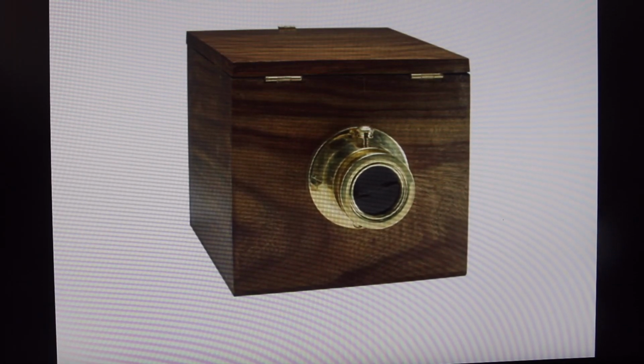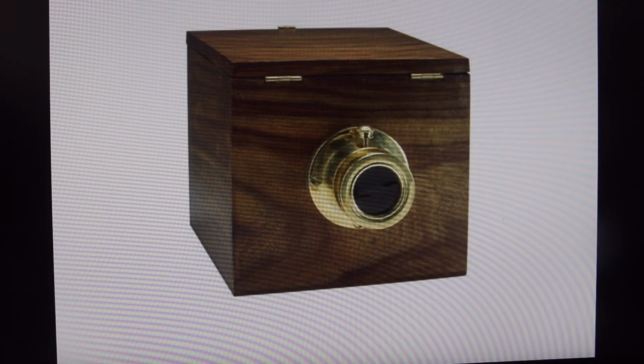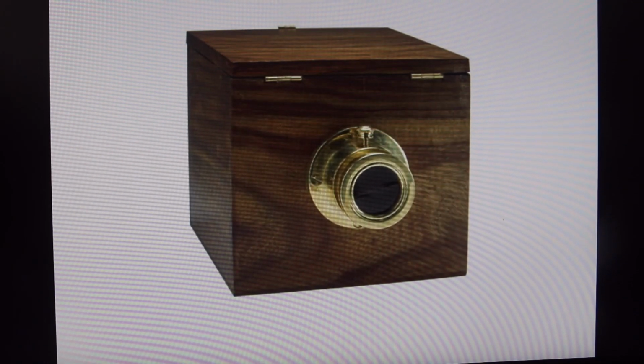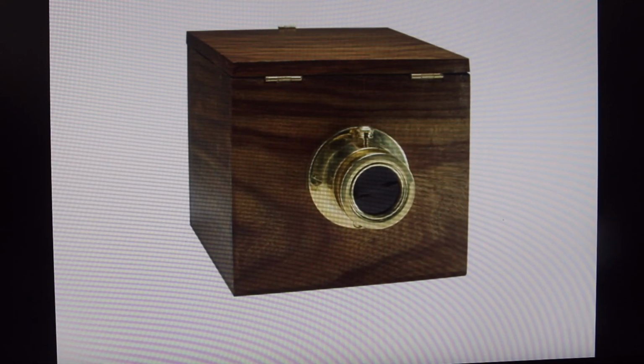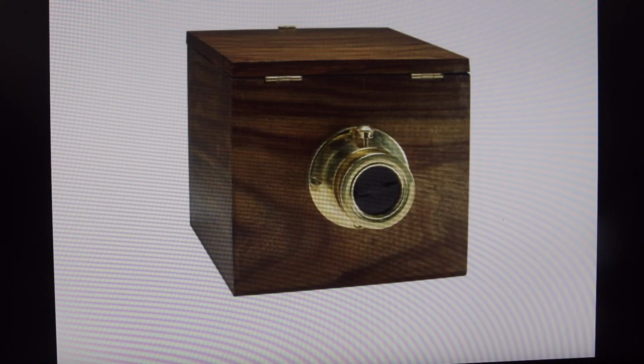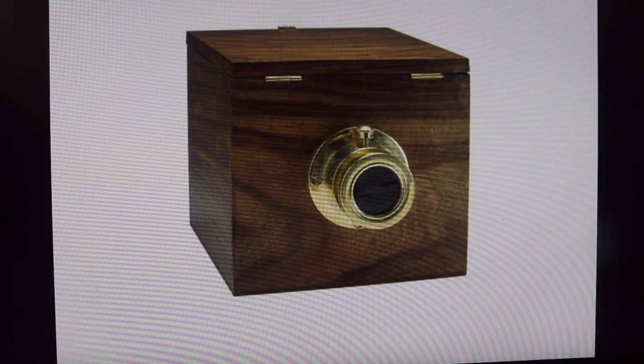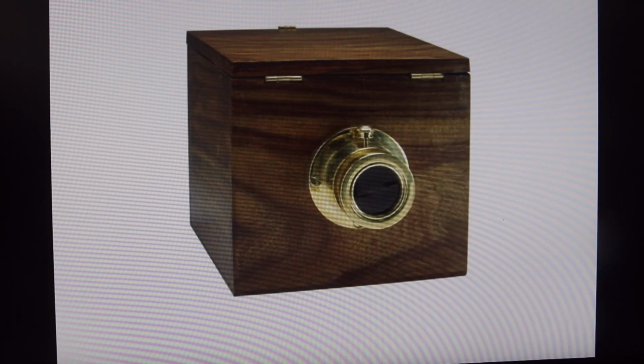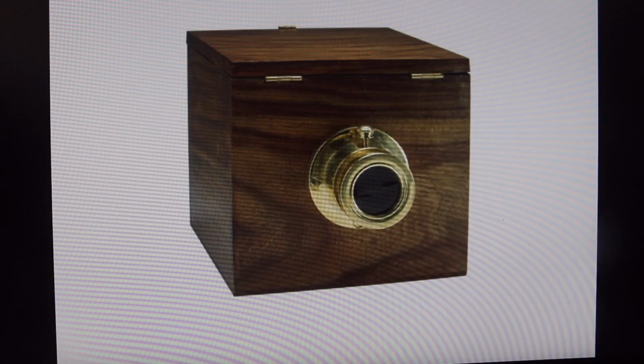It was a very simple thing. It's essentially a box with a hole in it. Of course, that box has to be light proofed if you're going to put film into it, because film is light sensitive. If you've never worked with film, you don't understand that everything with film you have to worry about is light. Light, light, light.